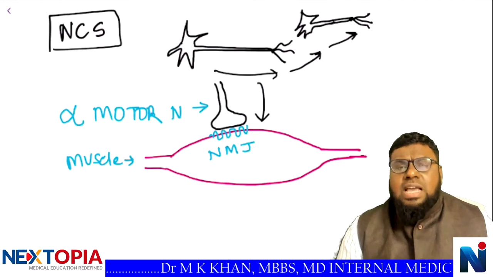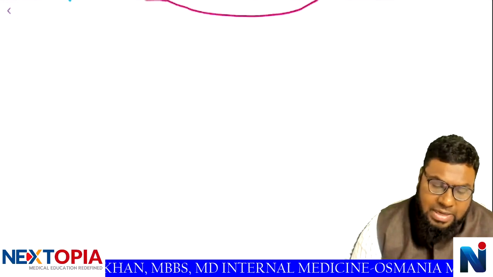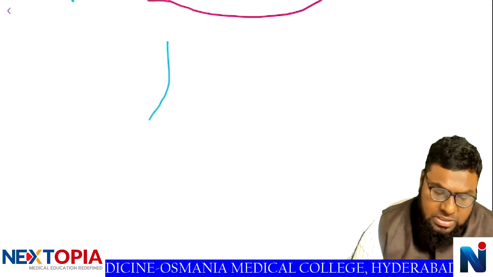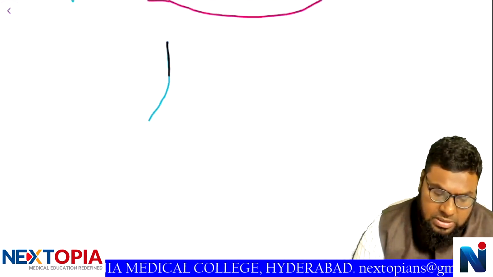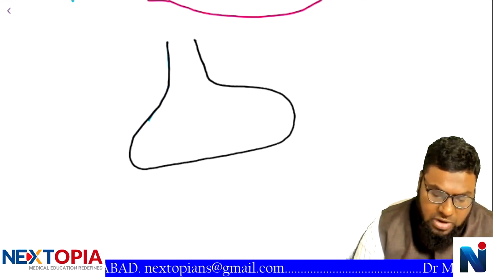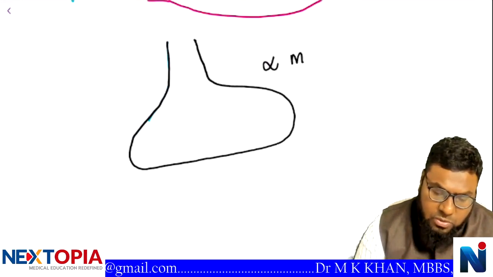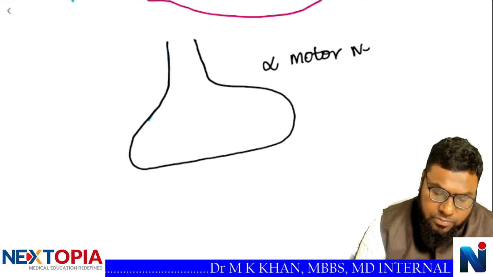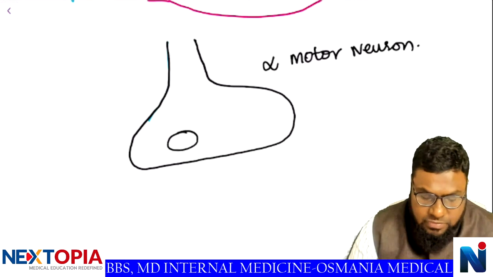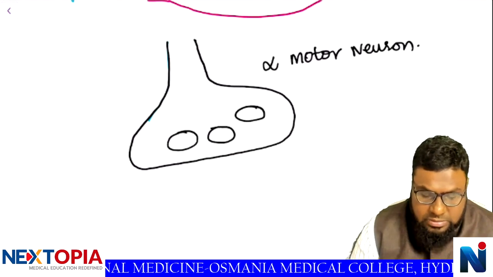If you expand this diagram to understand the terminals of this alpha motor neuron, suppose this is the terminal portion of the axon of an alpha motor neuron. Here we have vesicles filled with acetylcholine.